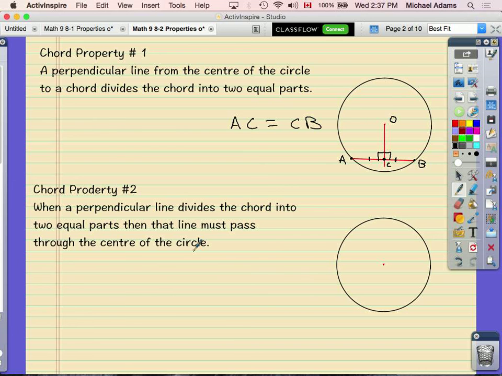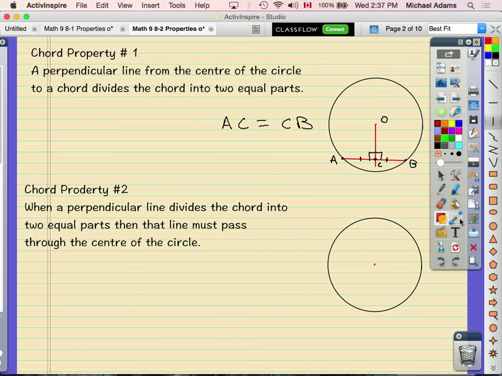Basically, all we're saying is if we have a chord, I'll put the chord like this this time, slightly angled. So here's my chord, and it goes through 2 points on the circle. Here is my center of the circle.